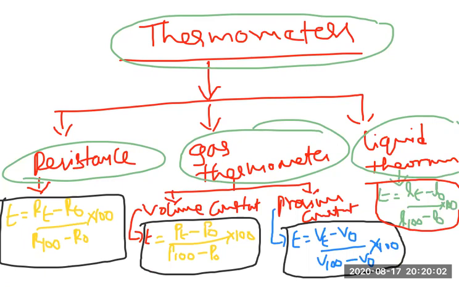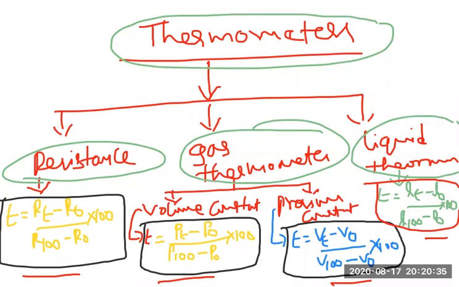So we have to know these formulae well. Whenever they say volume constant, it is variation of pressure; pressure constant, variation of volume. The resistance thermometer is variation of resistance with temperature. The liquid thermometer is variation of liquid length in the tube with respect to temperature. Like that we categorize them. I hope you are clear with these things now.